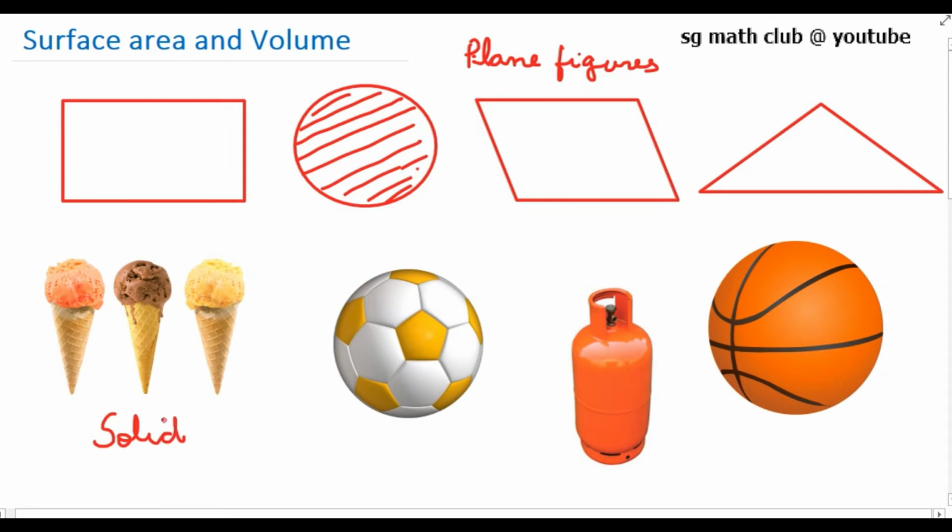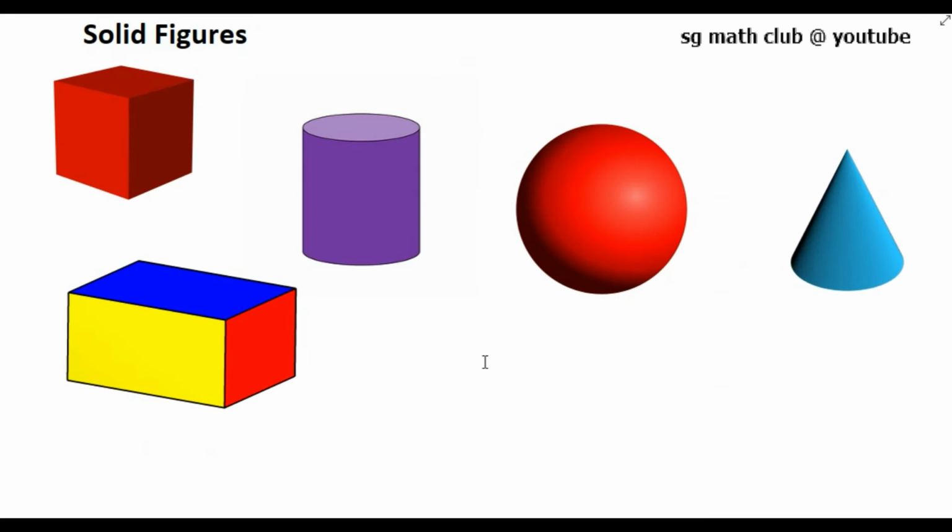If we cut out many plane figures of the same shape and size from a cardboard sheet and arrange them in a vertical pile, we usually get solid figures. For example, these are the solid figures: cube, cuboid, cylinder, sphere, cone.